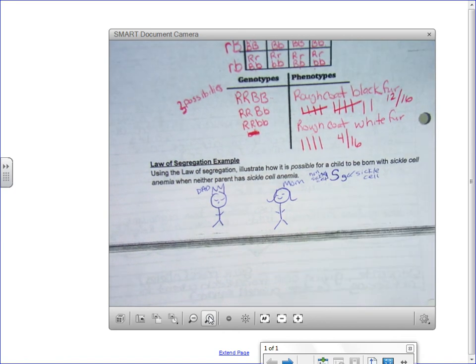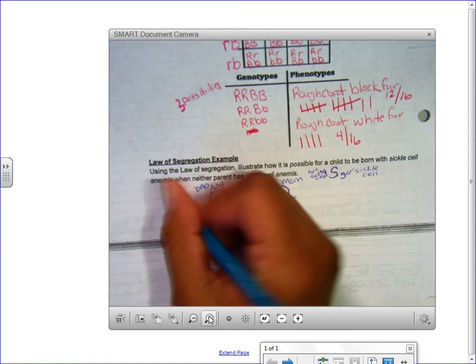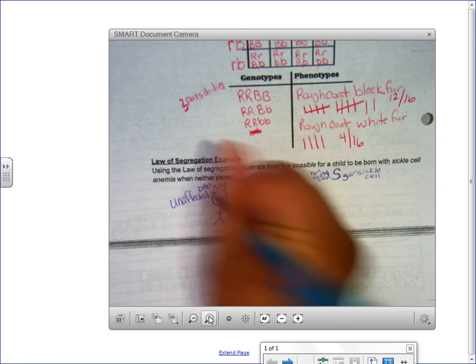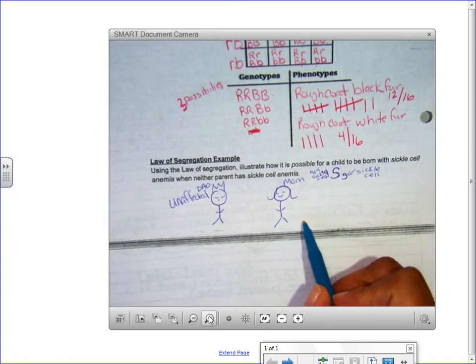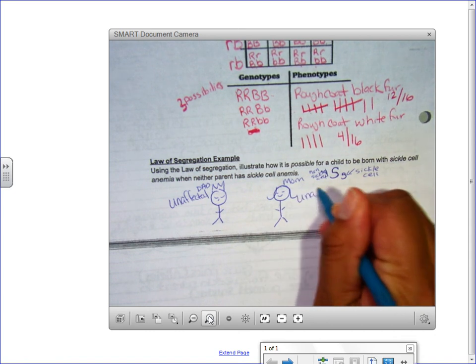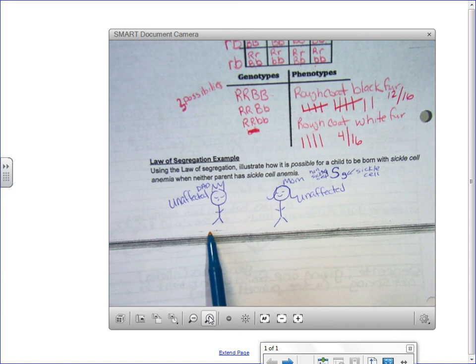So the dominant is the non-sickle cell, the recessive would be the trait, correct? Yeah. All right. So that means this dad is unaffected. Is the mom affected? No, because it says that both parents do not have it. She's unaffected. So what is the genotype for the dad?